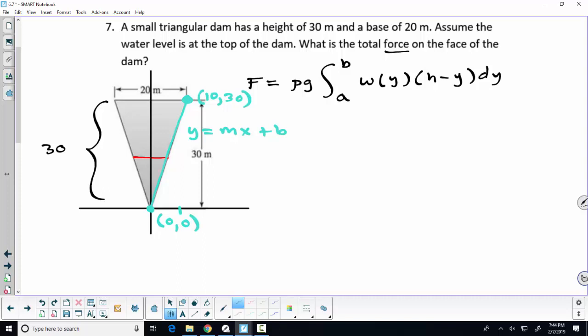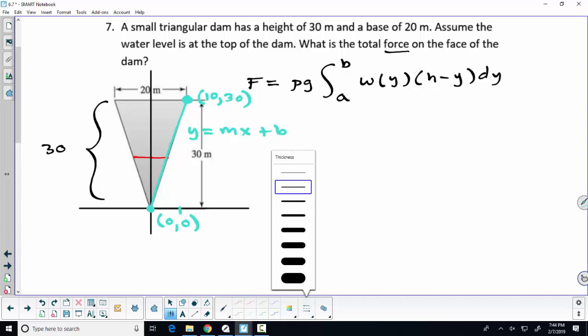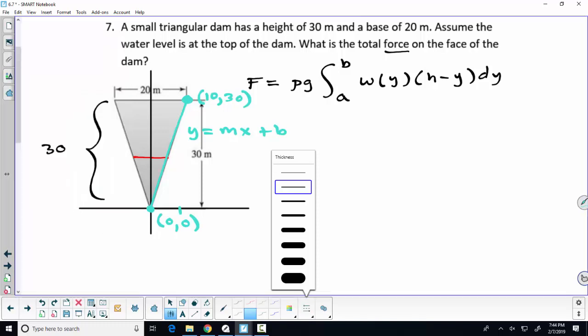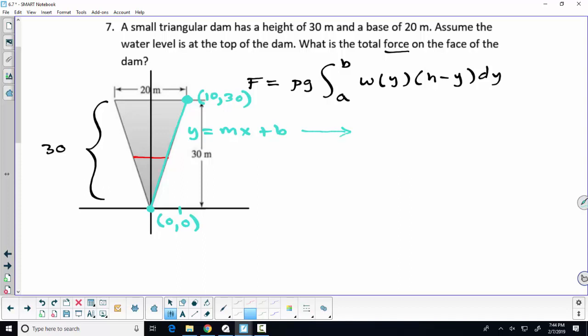So what is the equation of that line? Yeah, y equals 3x. Rise 30, run 10, slope is 3, y-intercept is 0.